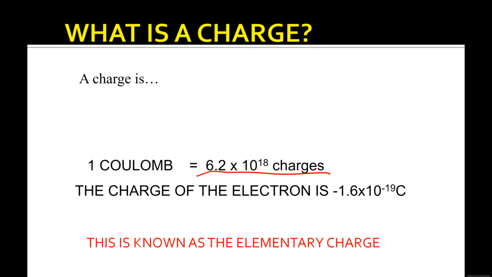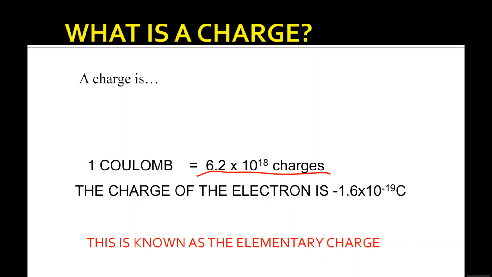How many moles are there in 1 atom? You guys know that number? Yeah. 1 over that number, right? Because it's that many atoms in 1 mole, so 1 divided by that number is how many moles there are in 1 atom. Okay? So it's the same thing here.